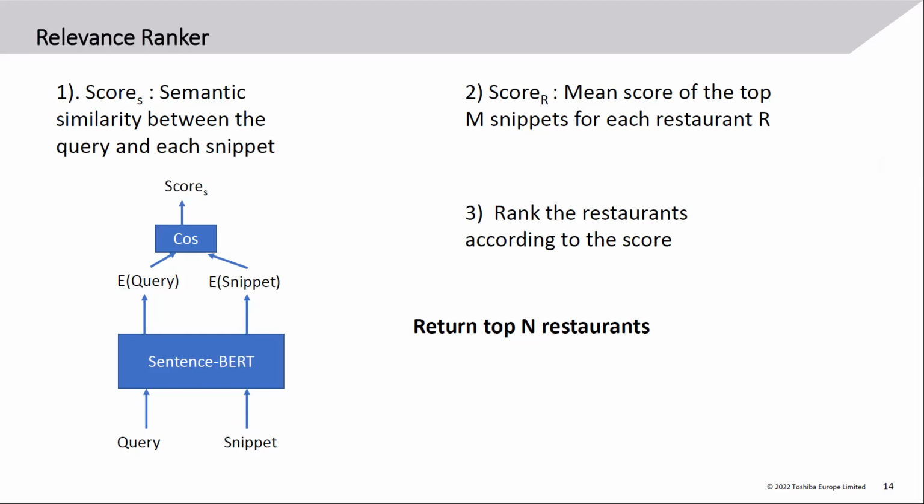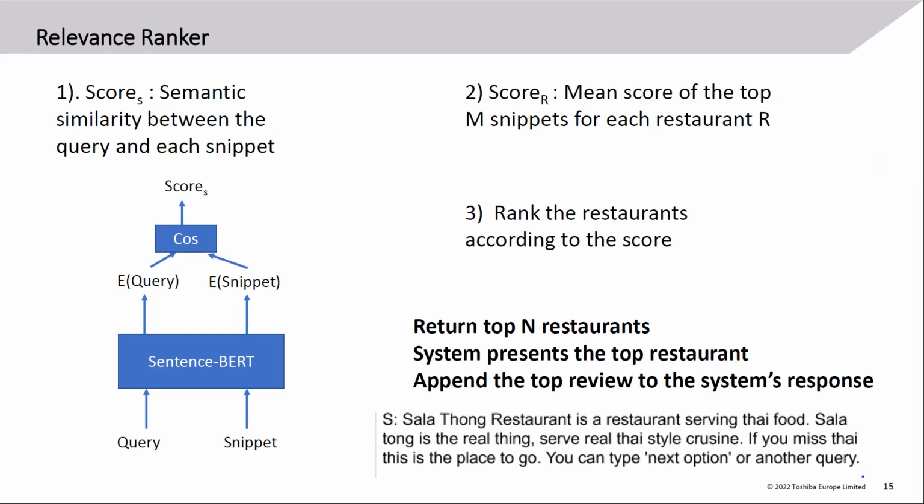And then we rank the restaurants according to the score, returning the top N restaurants. The system then presents the first restaurant, and in order for the user to see whether the information about this restaurant is relevant, we append the snippet to the utterance.